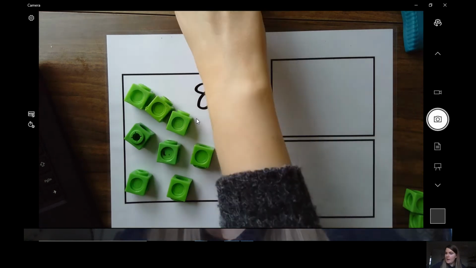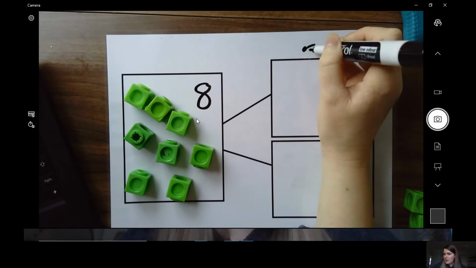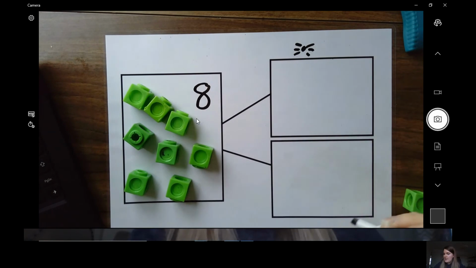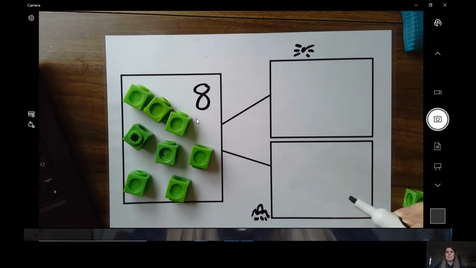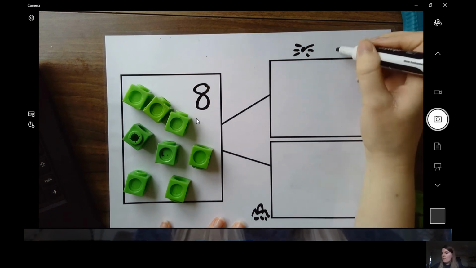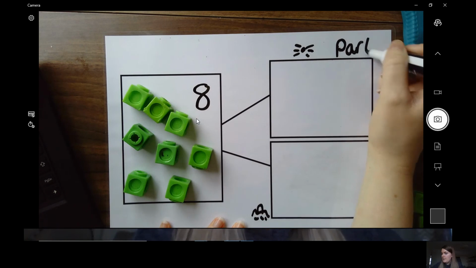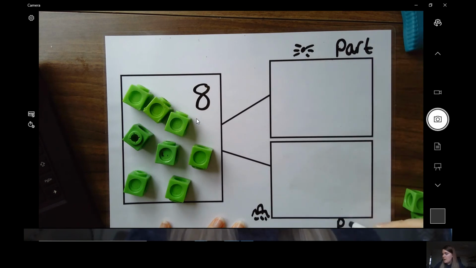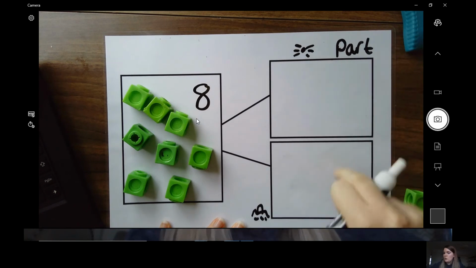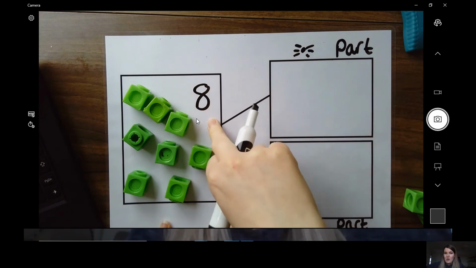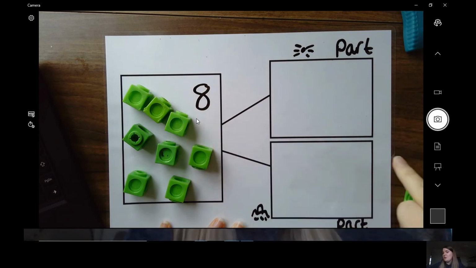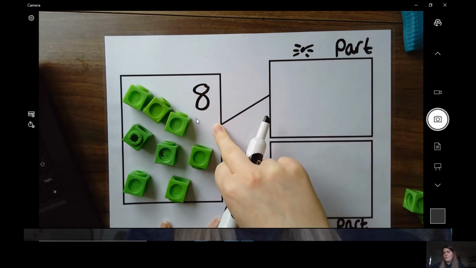Now I need to share between the spider and the turtle. That's my spider, that's my turtle. This is one part, and this is my other part. 2 parts make a whole, remember. 2 parts make a whole, very good.